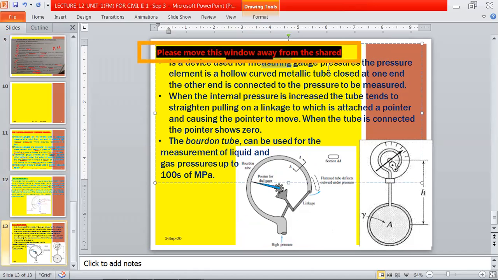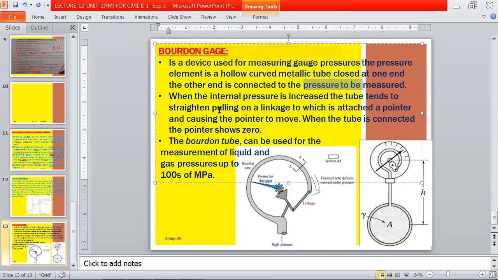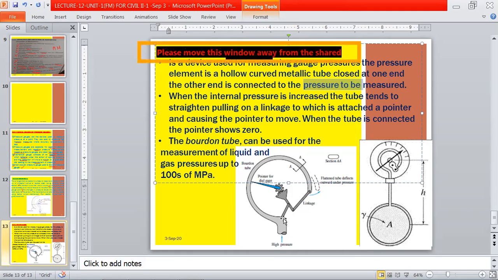The pressure element is a hollow curved metallic tube closed at one end. The other end is connected to the pressure to be measured. When the internal pressure in the tube is increased, the tube tends to straighten, pulling on the linkage which is attached to the pointer and causing the pointer to move. So whenever high pressure is applied at this point, this mechanical link moves this linkage.